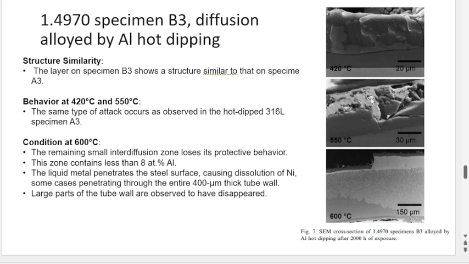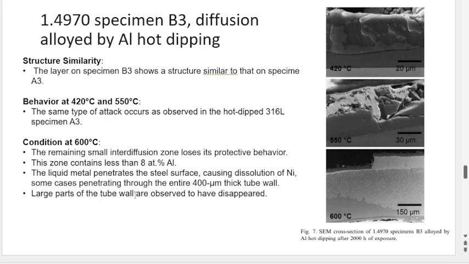As we can see, the layer is eroded and also penetrated by PBBI. At 600 degrees C, the remaining small diffusion zone loses its protective behavior. This zone contains less than 8 atomic percent aluminum. The liquid metal penetrates the surface, causing nickel dissolution because it's austenitic steel.